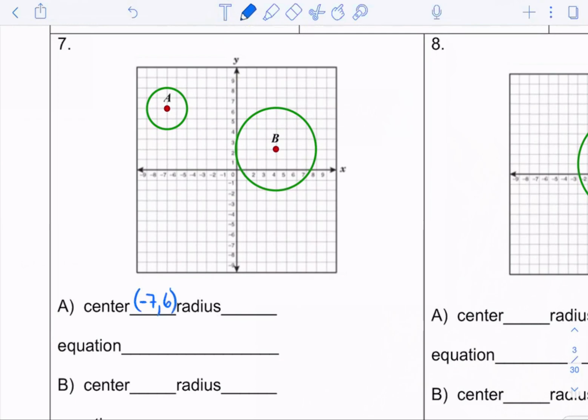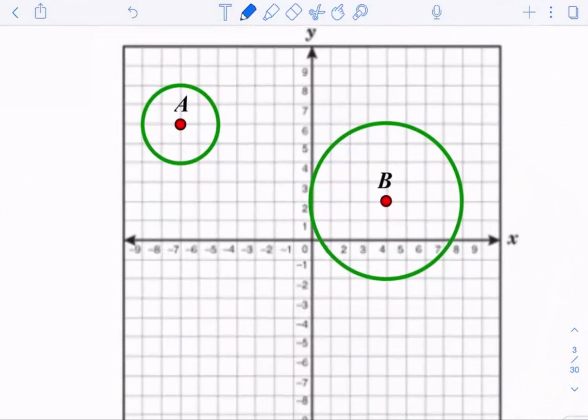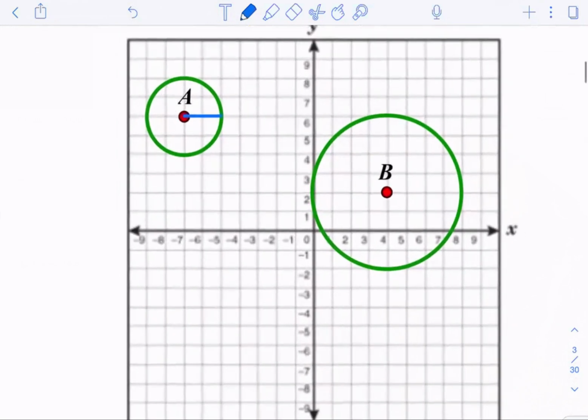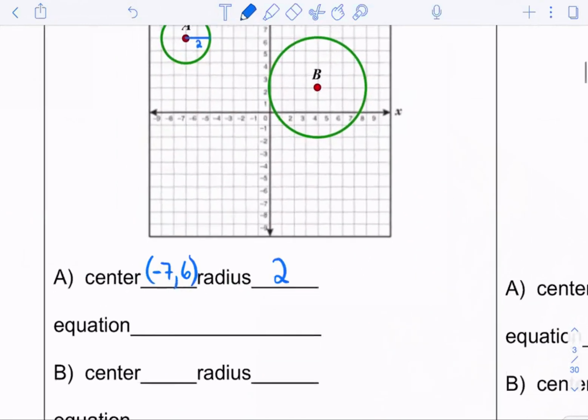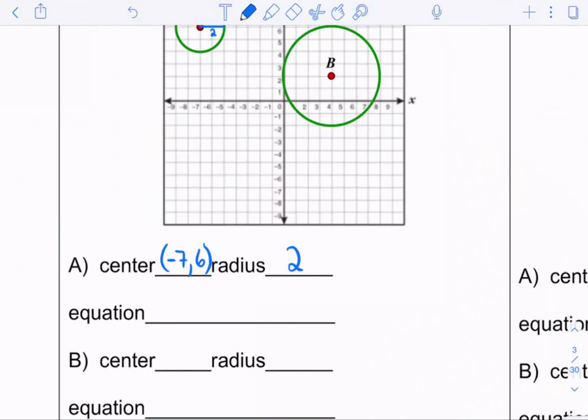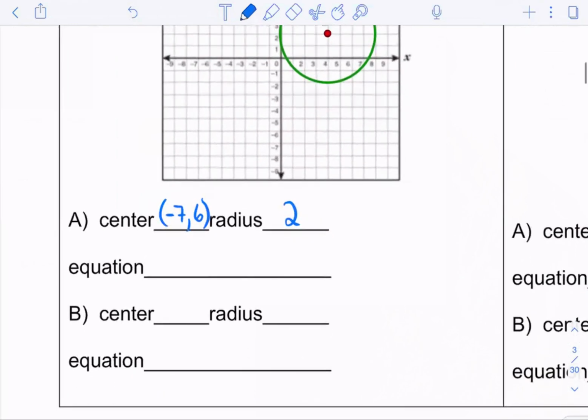And the radius, in order to determine the radius, the easiest way is to draw yourself a line from the center, either to the right, left, up, or down. Because if I draw it diagonally, I don't know what that distance is. So the radius here is, it looks like it's 2. So with a center of -7, 6 and a radius of 2, do you think you could write the equation?